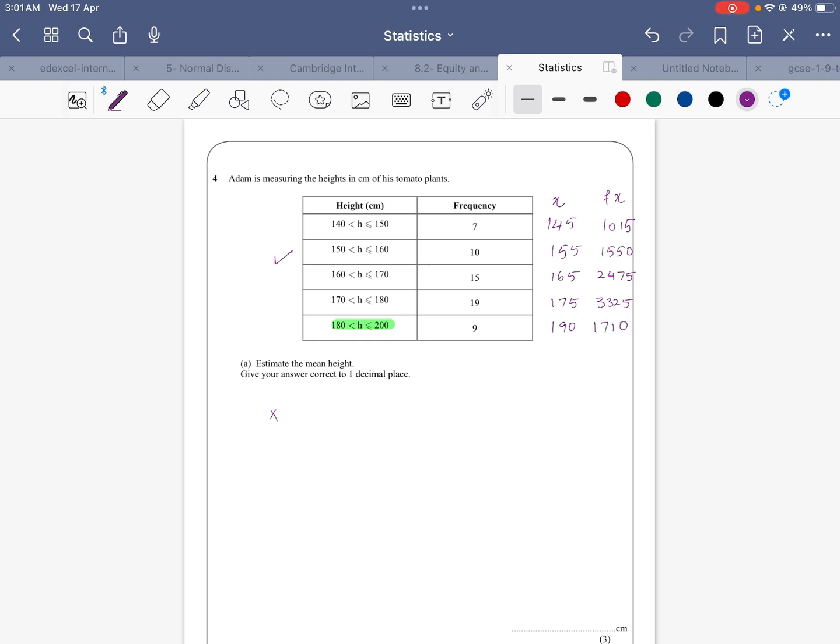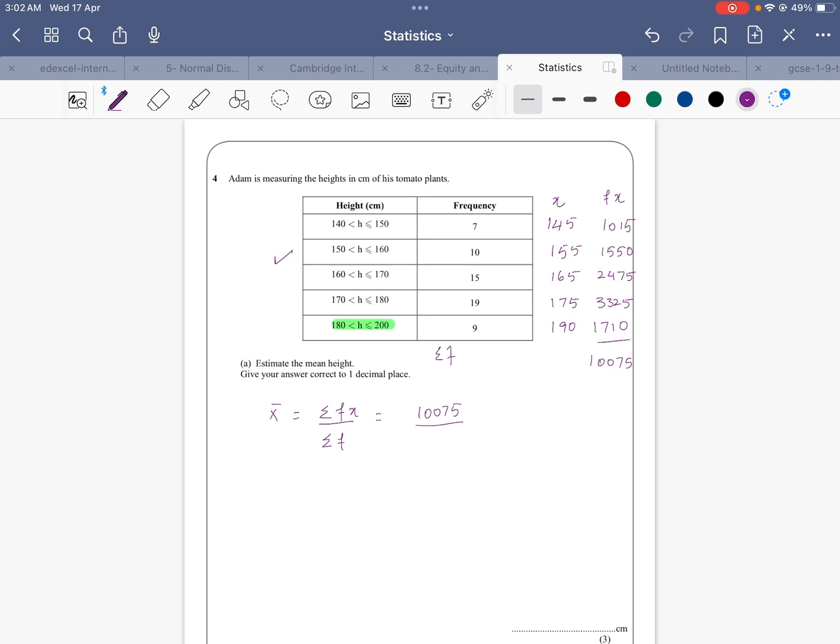Now, mean is calculated the same way: sigma fx upon sigma f. Let's find out sigma f and sigma fx both. Let's find out sigma fx first. 1015, 1550, 2475, 3325 and 1710. Answer is 10075.